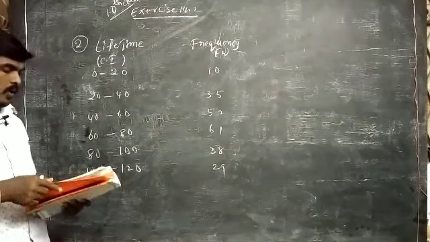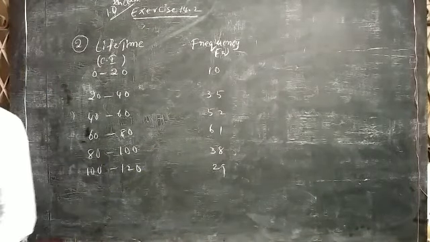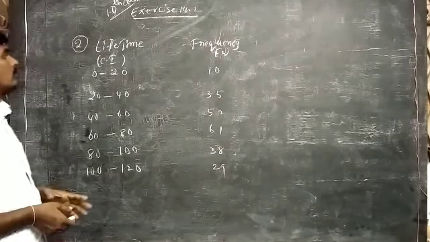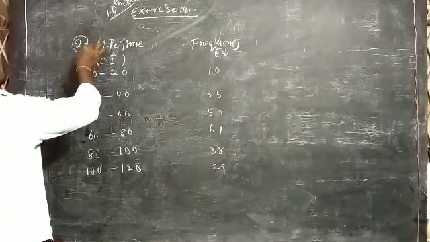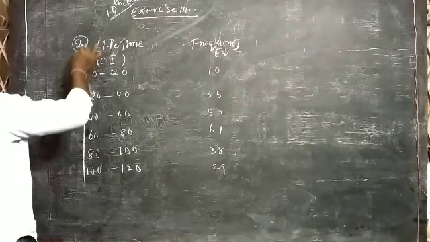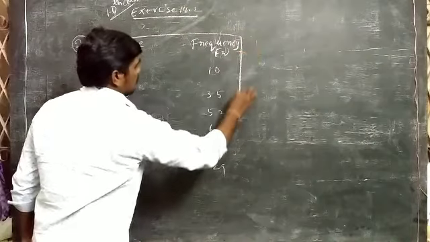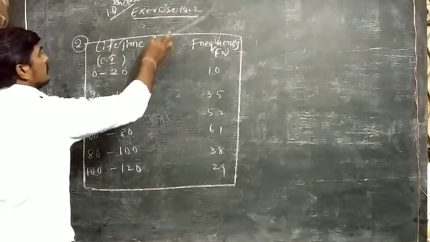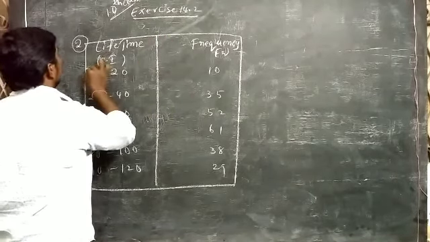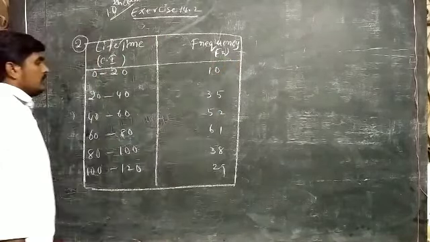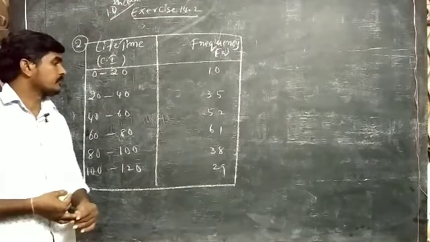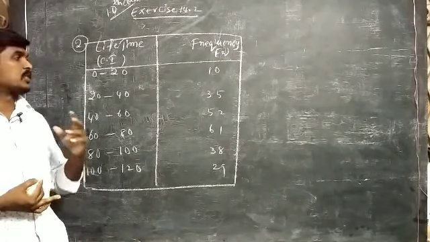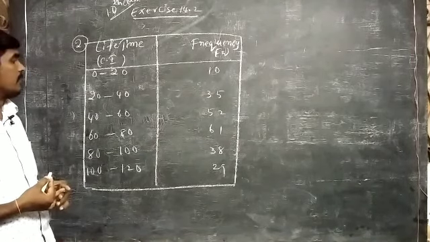Okay now, how to find the mode of the data? That is today's question. After writing the data, draw the table. If you want to find the mode of grouped data, first of all we want to find the modal class interval.